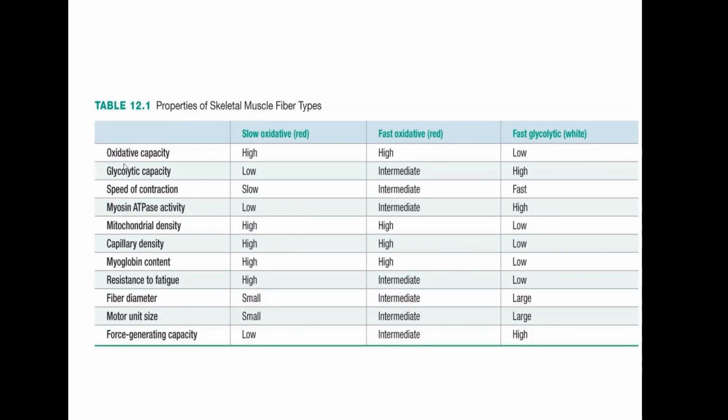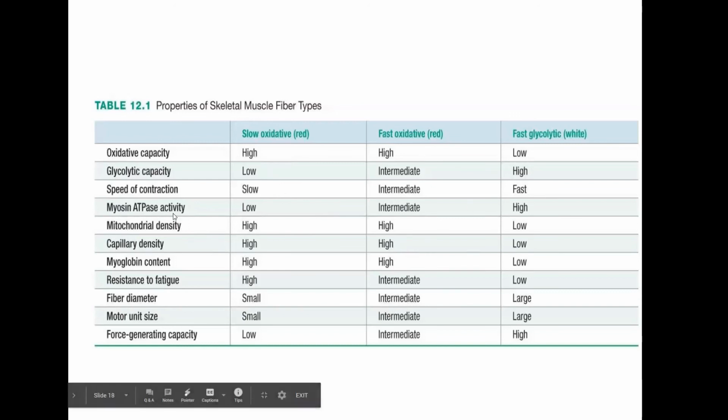So are they doing oxidative phosphorylation? What's their glycolytic capacity? How fast are they contracting, which is related to how fast they can break down ATP. Talk about the mitochondria, right? We need mitochondria for oxidative phosphorylation. So that's basically just going to be the same. So most of these things are really related to each other.